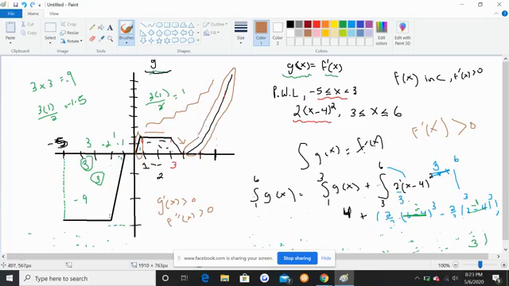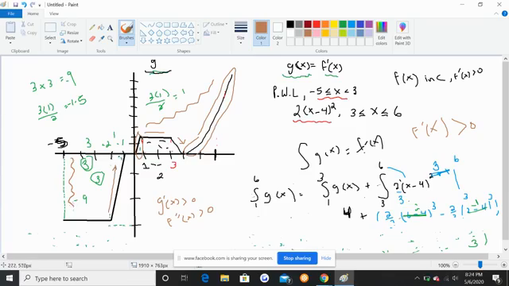Don't get confused, because the second derivative of f of x, also g prime of x, is positive here, but the graph of f of x is not increasing. You might get confused and say the second derivative of f of x is positive here, but the first derivative of f of x is negative here.